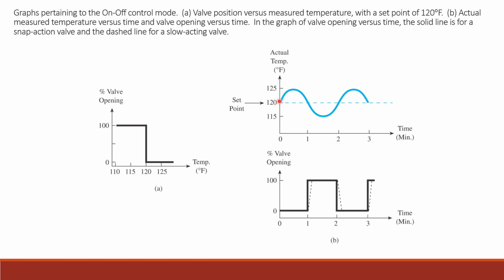If I can't tolerate this much of a swing, I can get a different type of controller. So this oscillation that you see here is common to a lot of processes, and depending on the amount of variance away from the set point, sometimes that's tolerable and sometimes it's not.